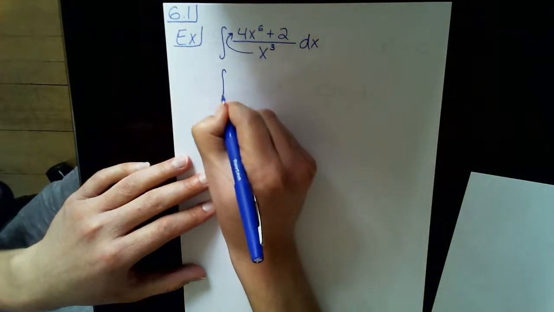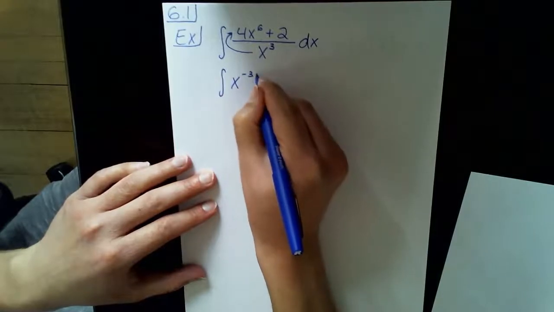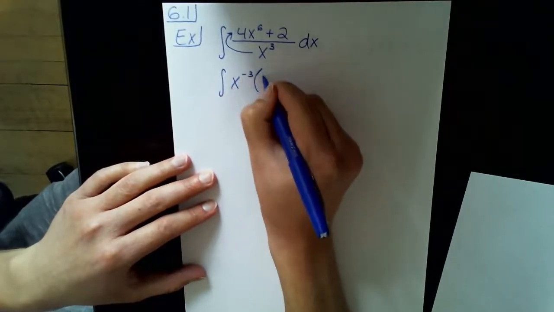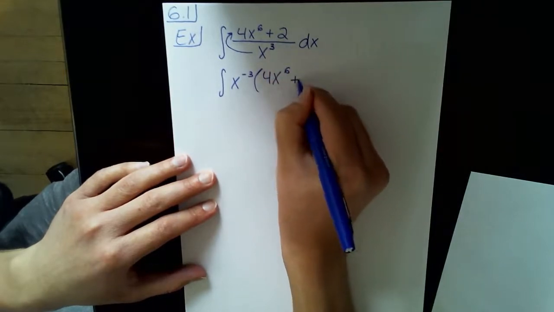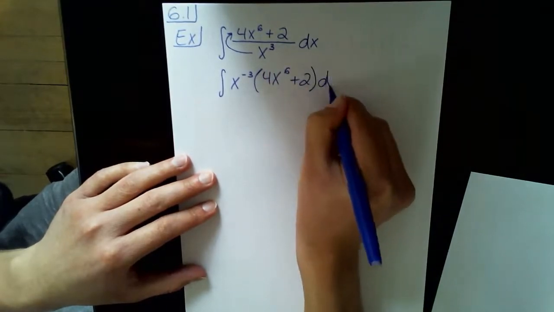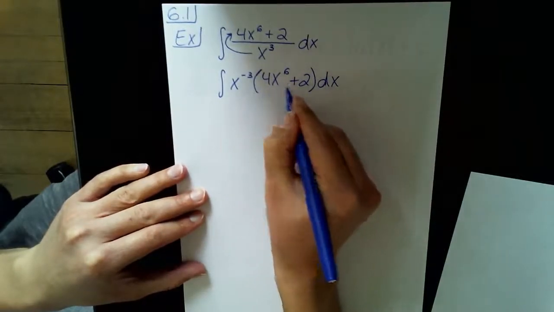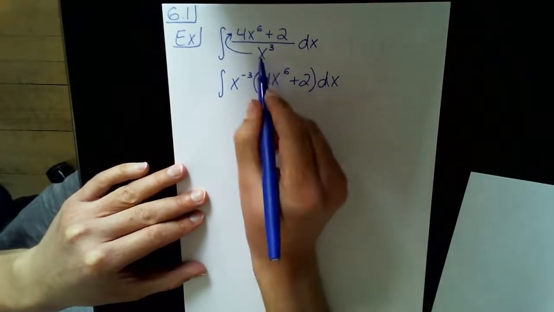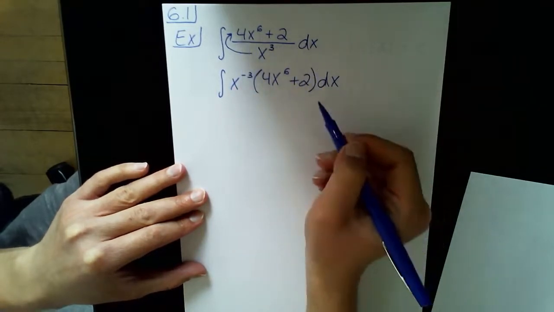So we have the antiderivative of x to the negative 3rd times 4x to the 6th plus 2 dx. It's being multiplied to the entire numerator because it was dividing the entire numerator originally.